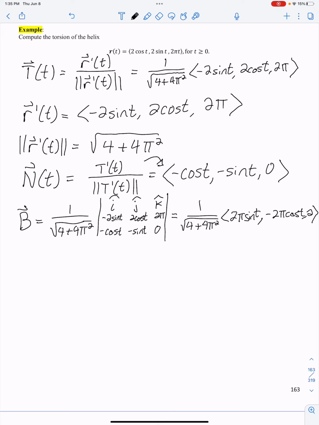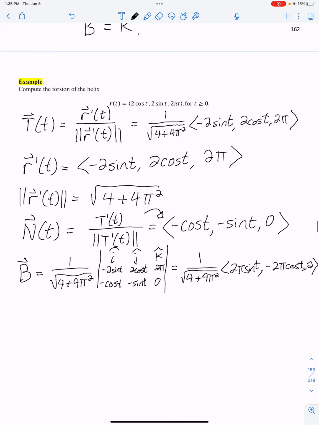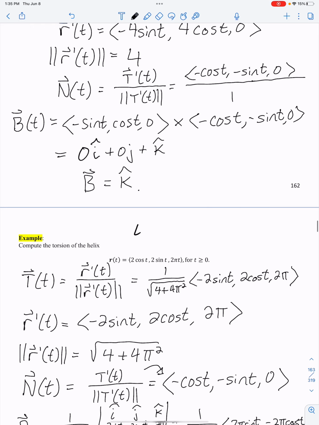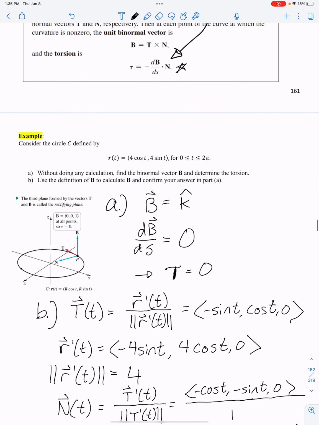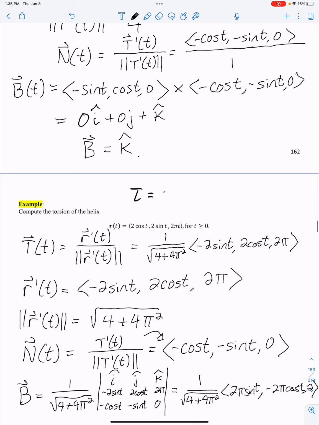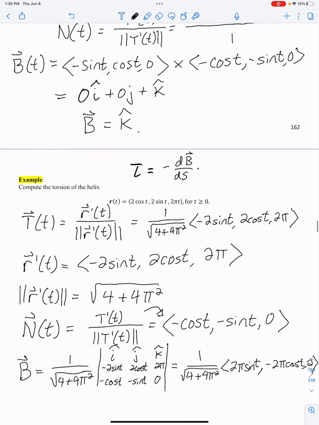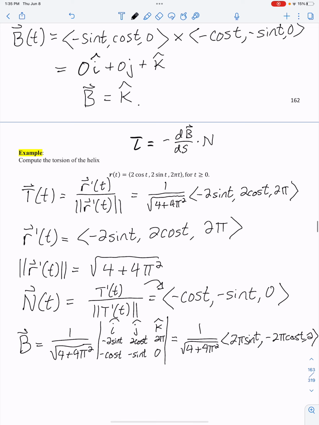Okay, so the next thing we need to do is determine dB/ds. We have the binormal. Remember, our goal is torsion. Our formula for torsion was tau equals negative dB, that's the binormal vector, with respect to s, dotted with the unit normal vector.